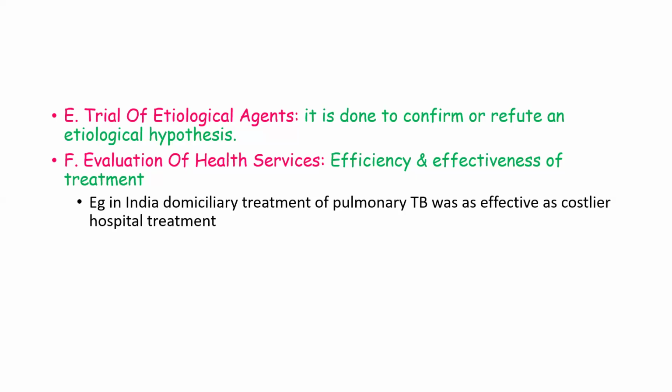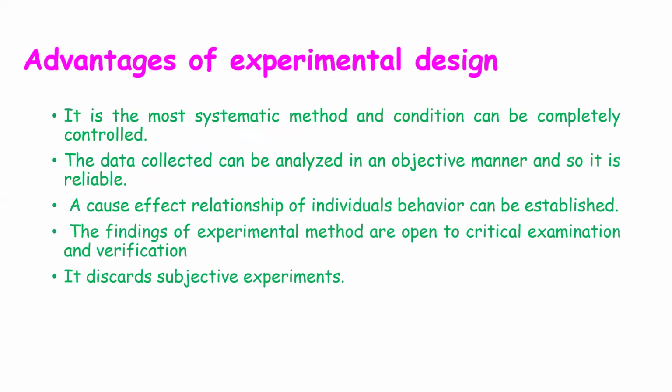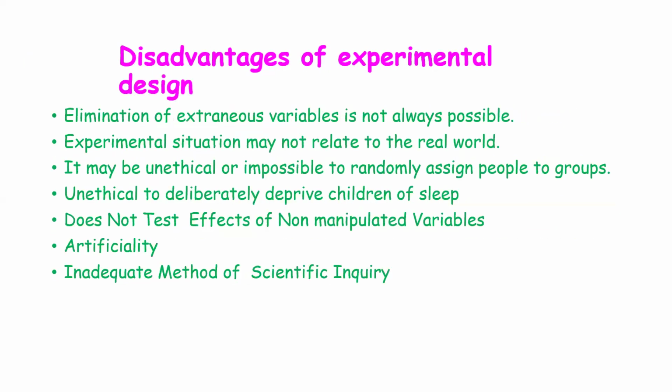So these are some of the advantages and disadvantages of experimental design. It's the most systematic method, and conditions can be controlled. The data collected can be analyzed, and the findings of the experimental method are open to very critical examination and verification. But when there are advantages, there may be some flaws also. Elimination of extraneous variables is not always possible.